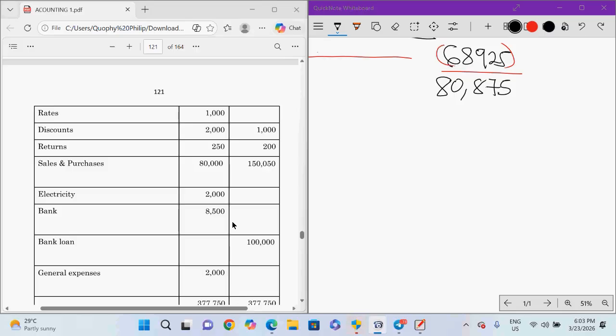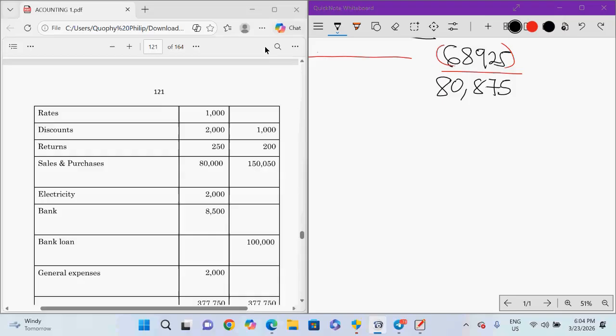And then goods withdrawn are the inventory that are taken by the owner for personal use. So we can say maybe goods withdrawn is a type of drawings, but specifically in the form of goods, not cash. I don't know if you understand what I'm saying.